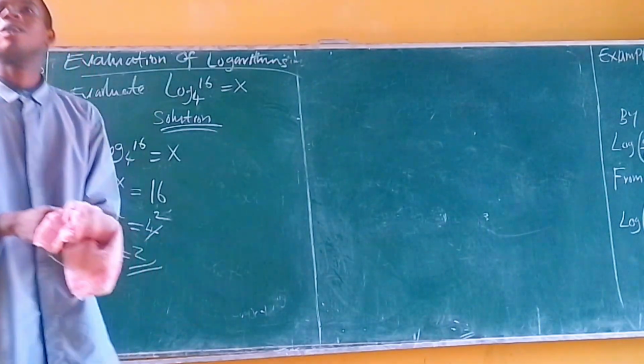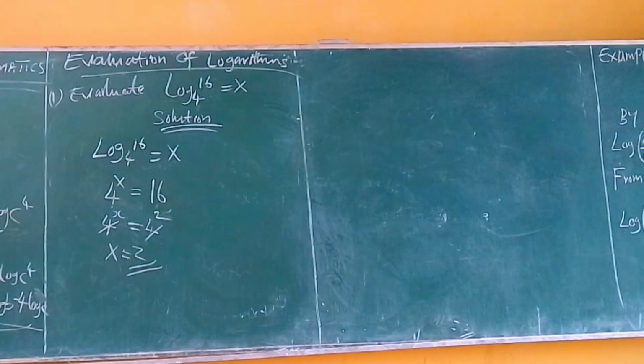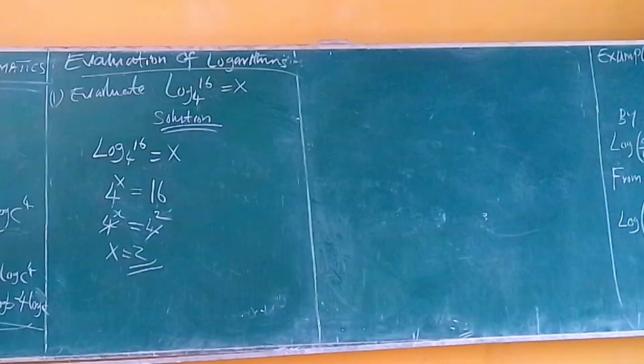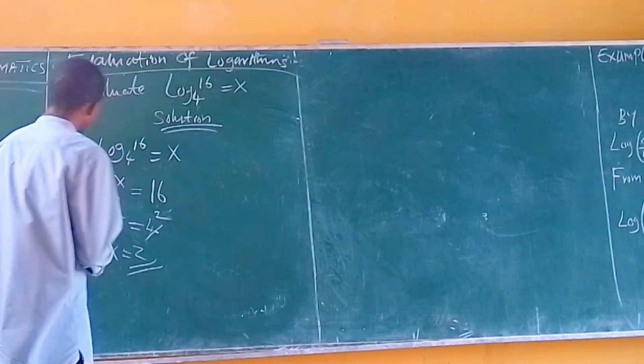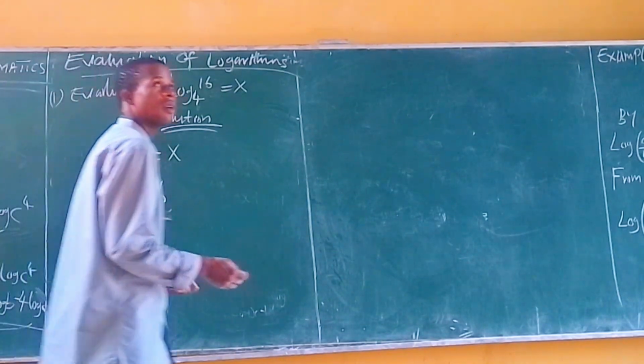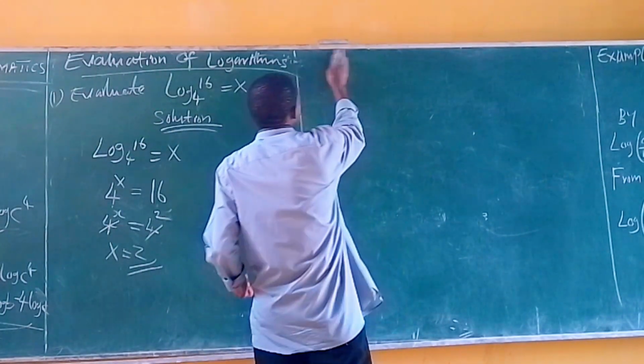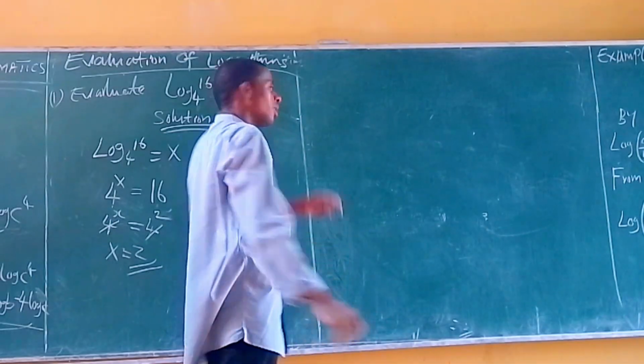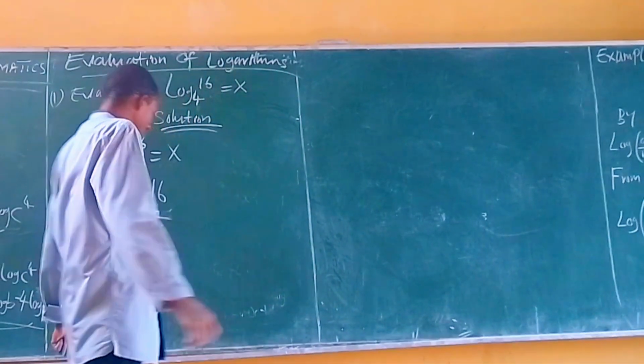Converting to indices, then look for the common base. Now when you get the common base, you cancel out the common base and get the answer. Common logarithm will be the same.